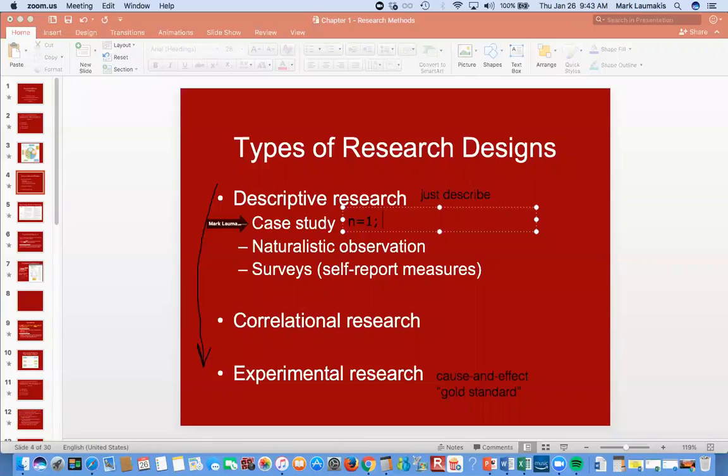Because we have an N of 1, what's the major drawback of case studies? What do you worry about when you do a case study in terms of the findings that you get working with just that one person? They could be an outlier. There's not a variety of different people. So what are you really worried about?